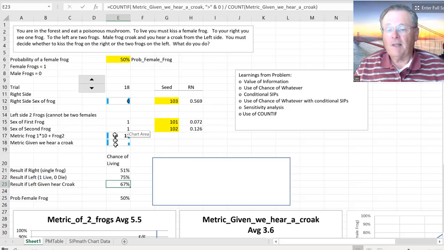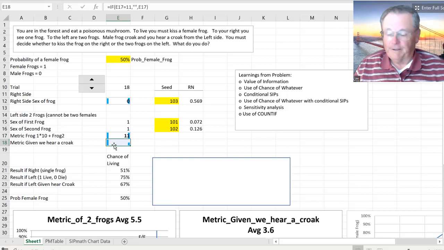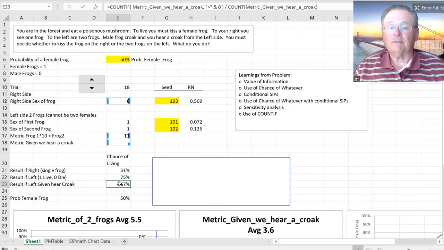And that means that I'm going to look at this metric which doesn't include any female frogs, 2 female frogs, and ask the question, what is the chance that I have at least 1 female frog? In this example, you get to kiss both frogs, by the way. And that answer turns out to be 67.